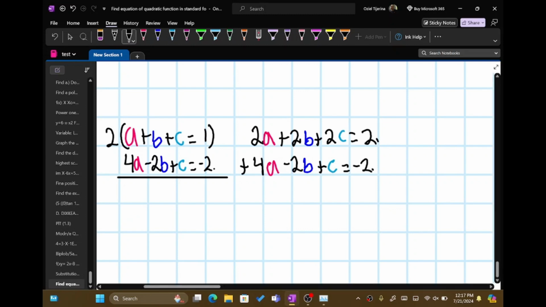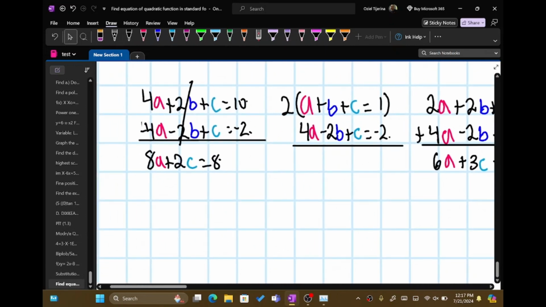Okay, so let's see here. Now we have 6a plus 3c is equal to 0.